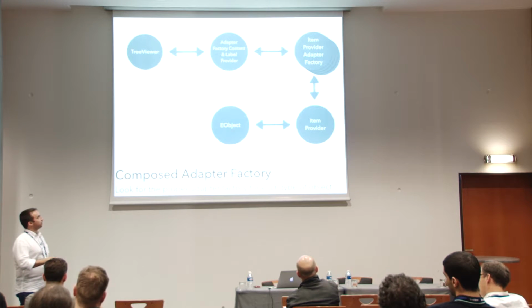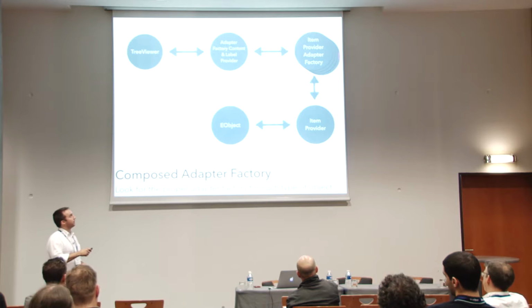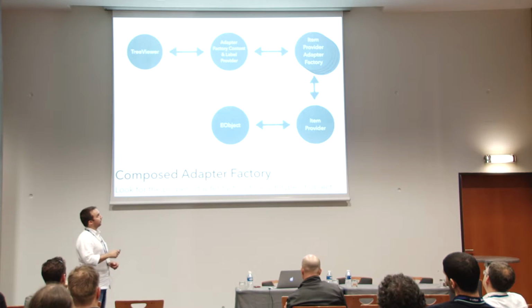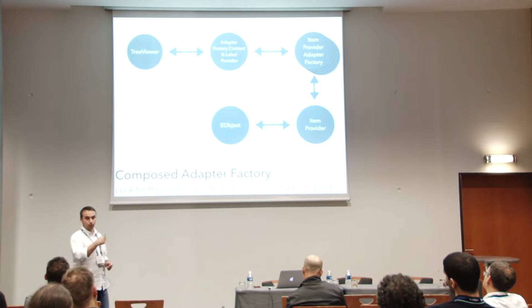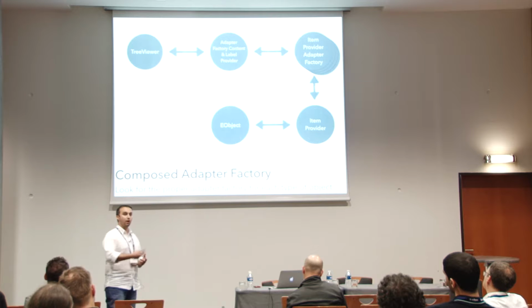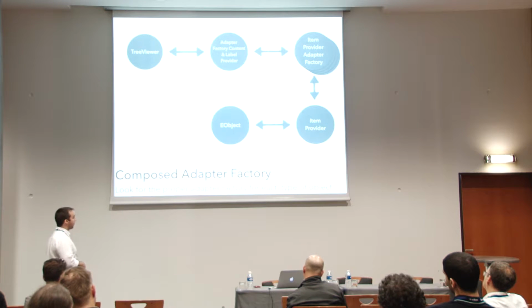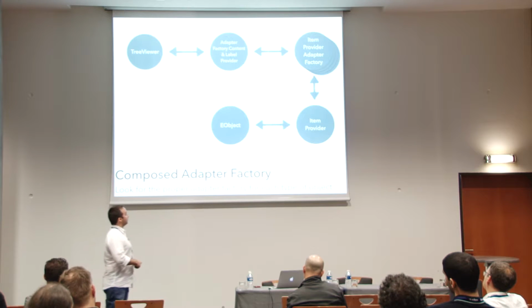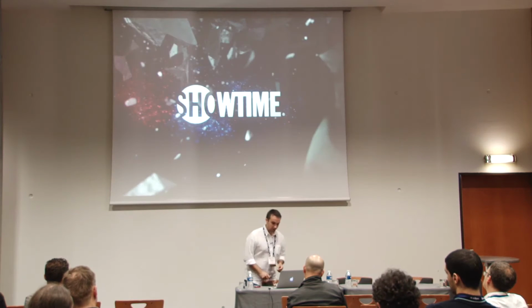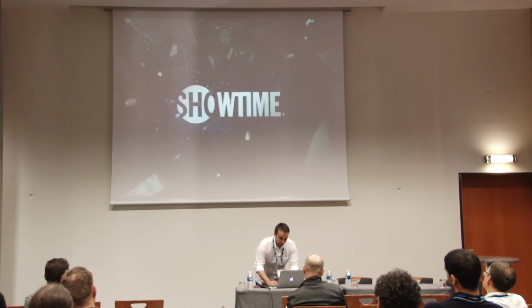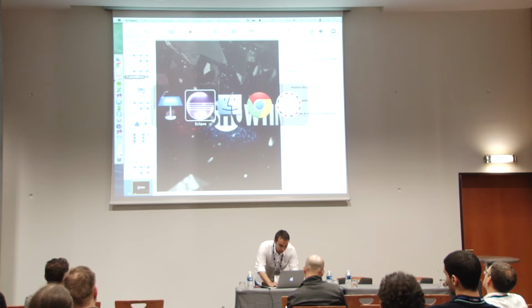It's a composed adapter factory. It lets you create a composed adapter factory that will delegate to the proper one when the label provider and the content provider are asking for a label or some children. This is what lets you create such kind of UI. And now I will show you how it works a little bit more.